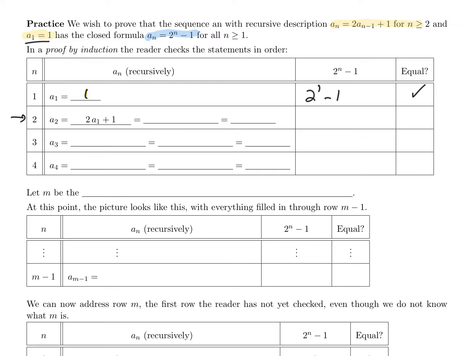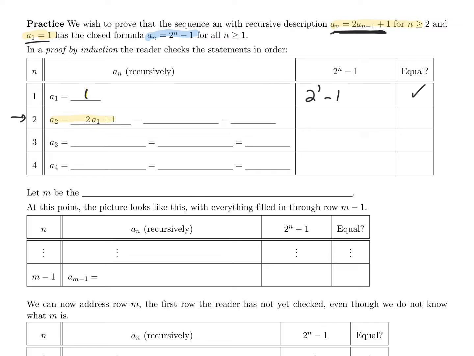So we have a sub 2 equals 2, a sub 1 plus 1. That's me reading this closed formula off up here when n equals 2. So if n equals 2 and I write down what that says, it says exactly what I've written so far. And so that's coming from the recurrence relation, that we have that step.